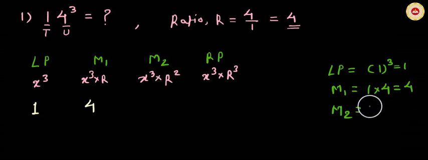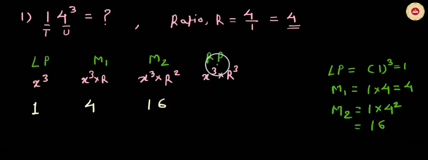X cube means 1 only, multiplied by 4 squared. R means 4. R squared means 4 squared, so 1 multiplied by 4 squared is 16. So what is the value of M2? 16. Okay, so write 16 in M2.